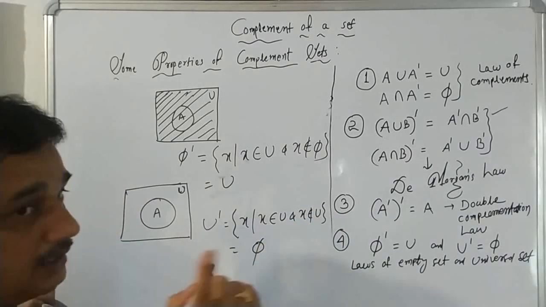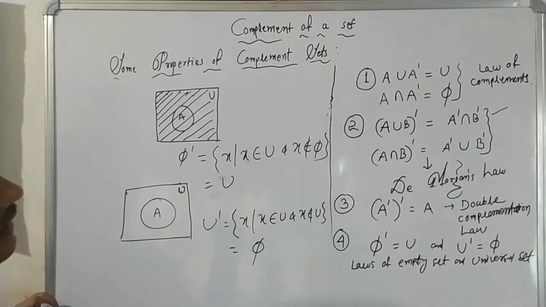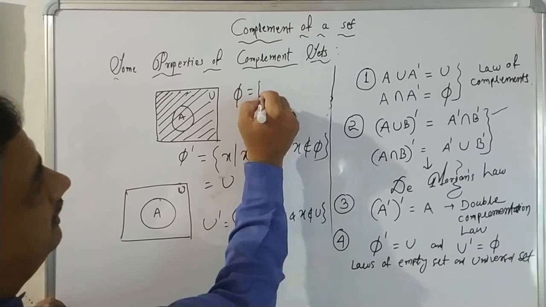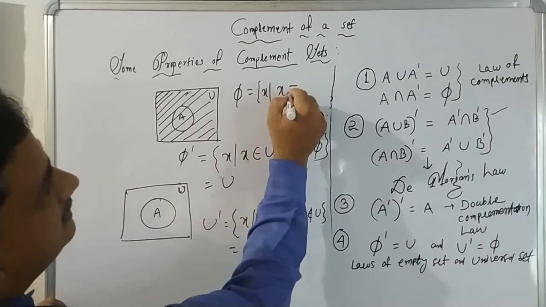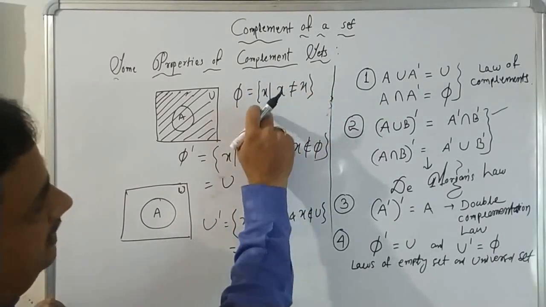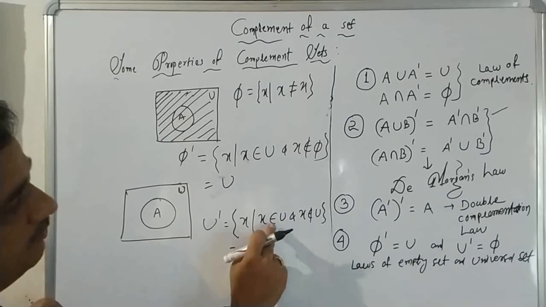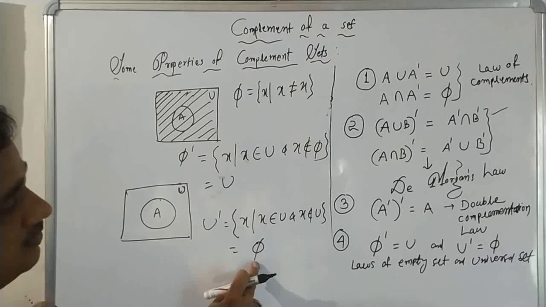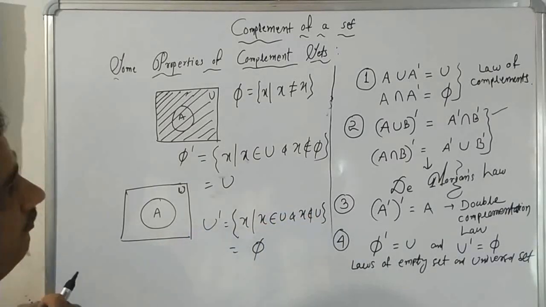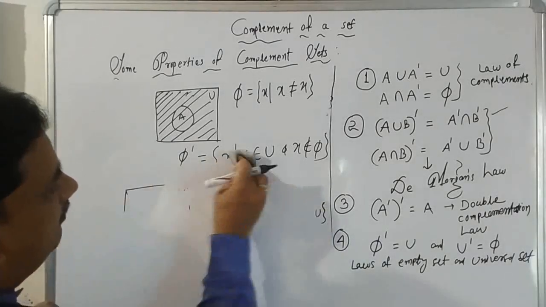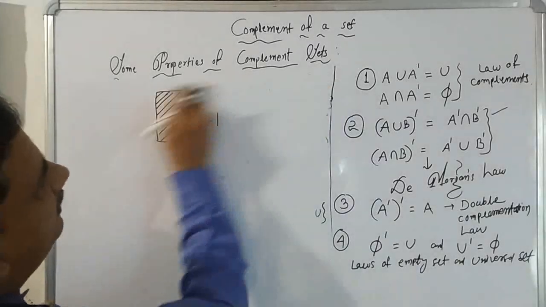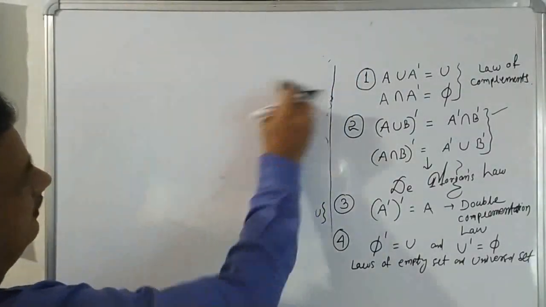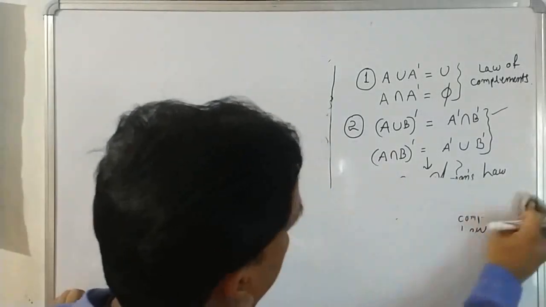This is phi, because while telling you about empty set, I have defined empty set phi as X such that X not equal to X. Here the same thing comes: X belongs to U and X doesn't belong to U. What does it mean? It is an empty set. There is no such element like this. Hence it is phi. So this is all about the complement of a set. Understood, students?